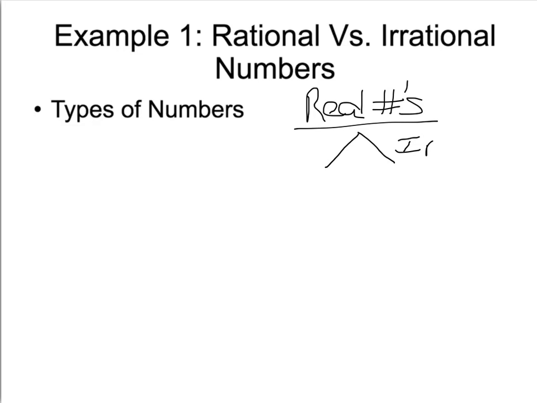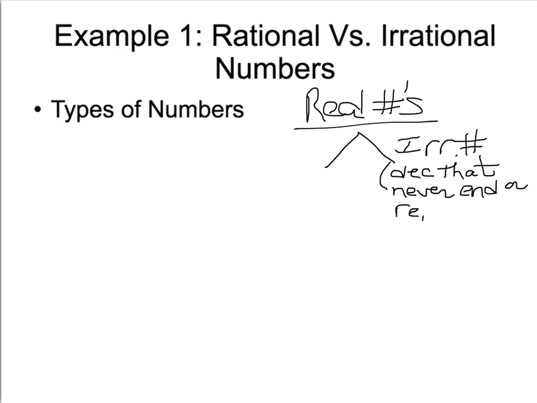We have what are known as irrational numbers, and these are decimals that never end or repeat. The famous irrational number is pi. And another common one is actually the square root of 2. They are your irrational numbers, decimals that never end and never repeat.